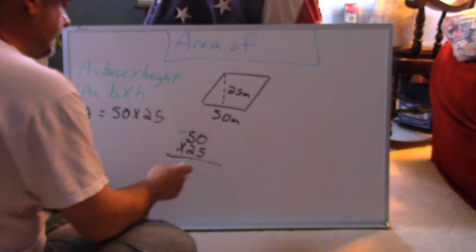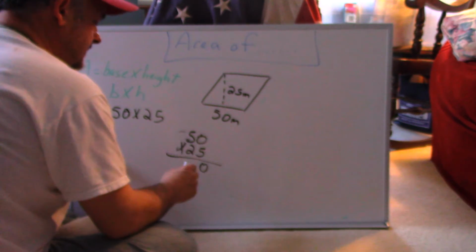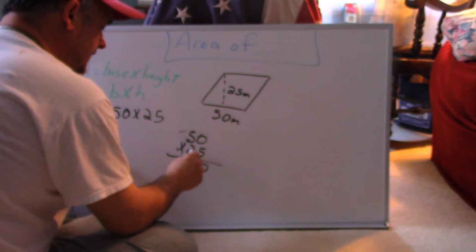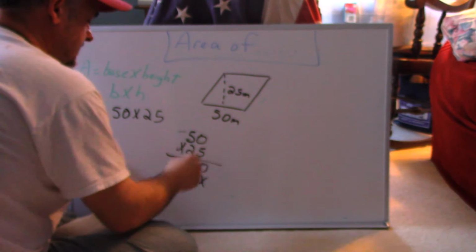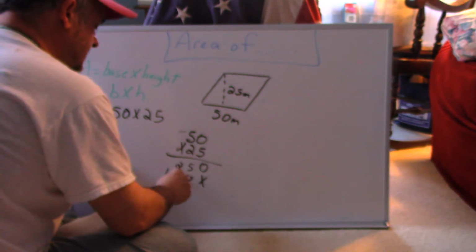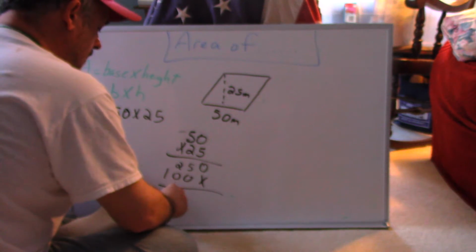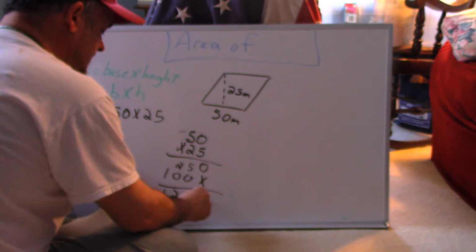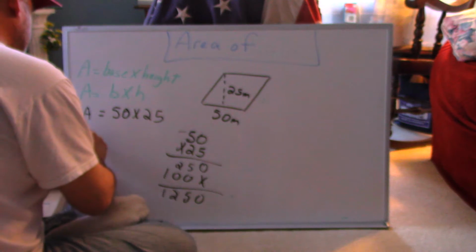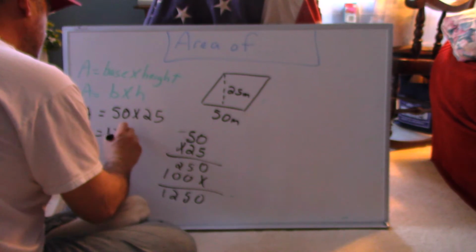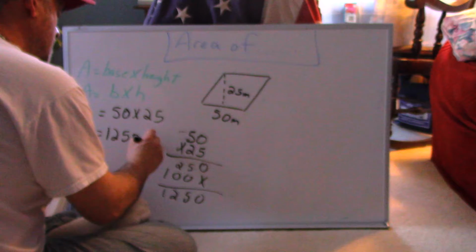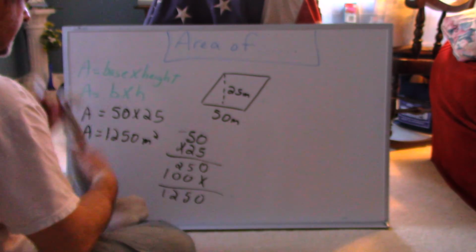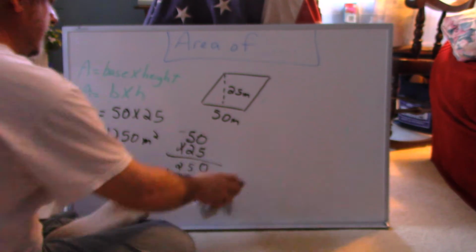Okay, that's all we do. 5 times 0 is 0. 5 times 5 is 25. 2 times, I put an X, 2 times 0 is 0, 2 times 5 is 10. 1, 2, 5, 0. Big number. 1250 meters squared. That's what that is.